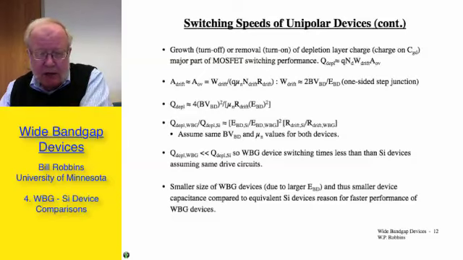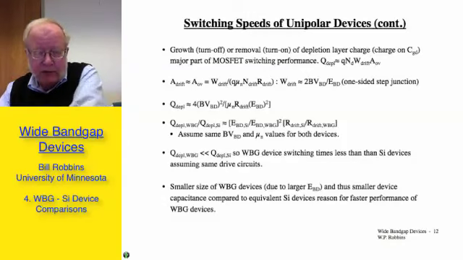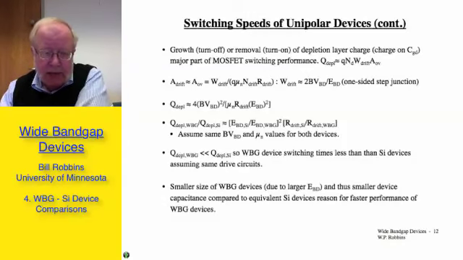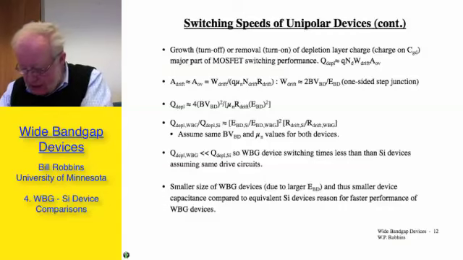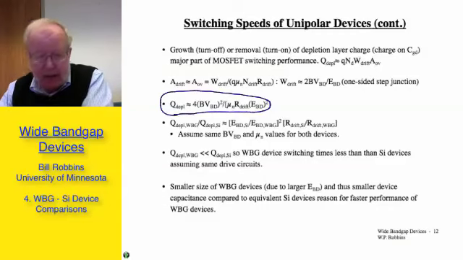It's a major part of the MOSFET switching characteristic, and that depletion layer charge, at the maximum amount, is the doping density times q times the volume of the drift region. The area of the drift region is essentially the area of that overlap, and so the depletion layer charge can be written as I'm circling with this equation right here.